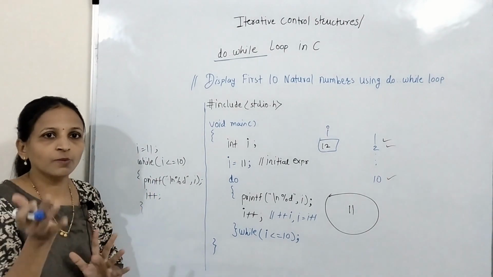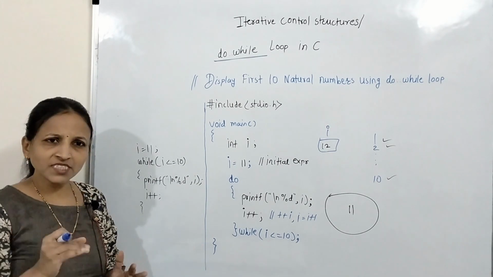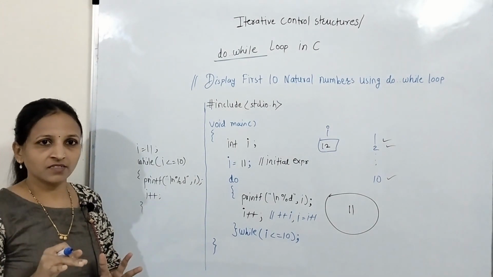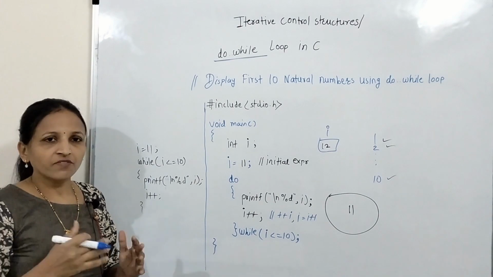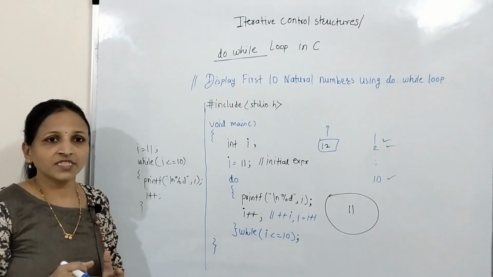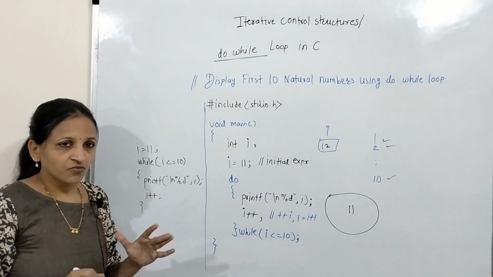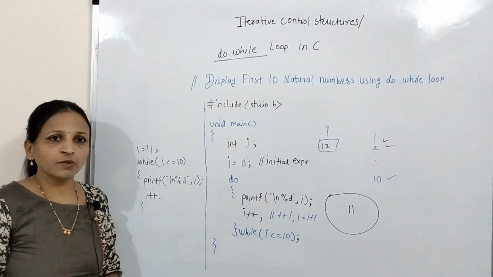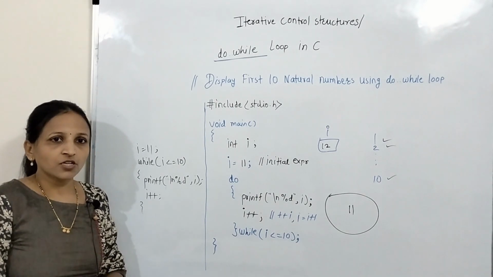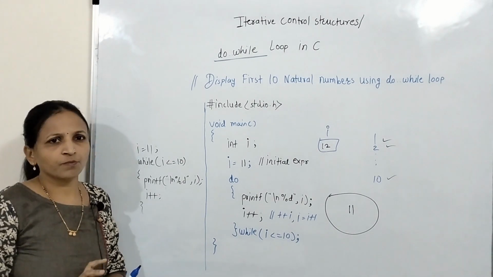In that case for will be better. But we have seen the sum of digits program with while. When explaining the while loop, I already explained the sum of digits of a number program, for which we don't know in advance how many iterations there will be. That is totally dependent on the number of digits in that number.